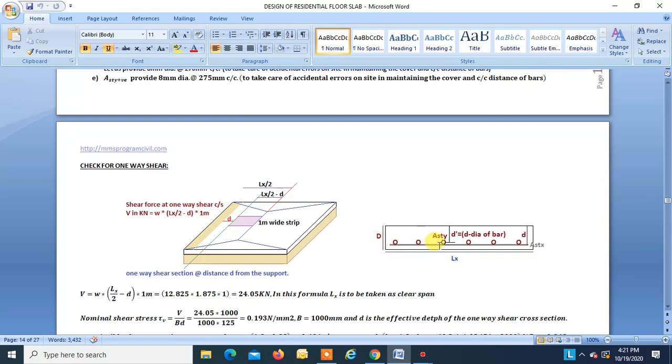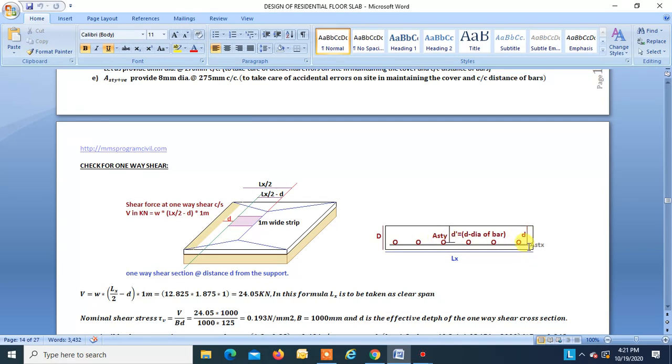Asty is above the main steel Astx. So d is for Astx, that is 125 mm. But for the steel along the longer direction, okay, that's Asty, the effective depth will be d dash, okay. That is d minus diameter of bar. Why diameter of bar? This is 8 mm bar. This is already also 8 mm bar, okay.